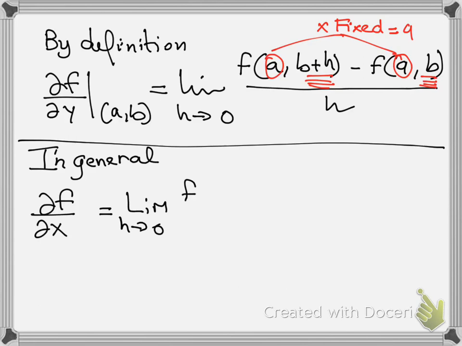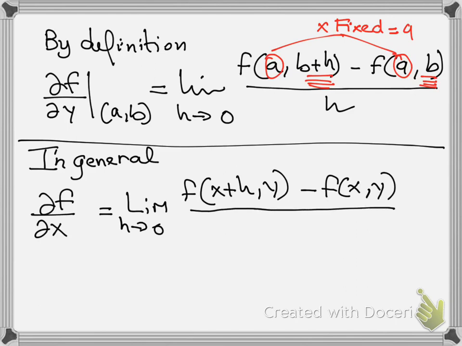Partial f, partial x means that y is fixed, so x varies. That's f of x plus h, y, minus f of x, y, over h. And again, you see guys, y here is fixed, it doesn't change, it's the same y, but the x varies.